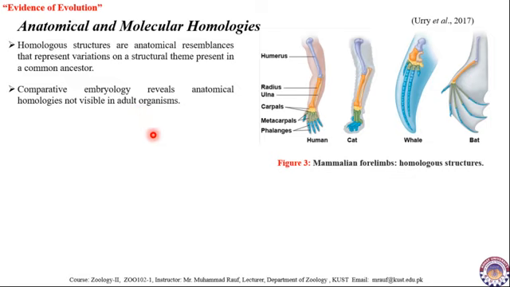So there are so many similarities, and these similarities in the embryonic stages only point towards their common ancestry.